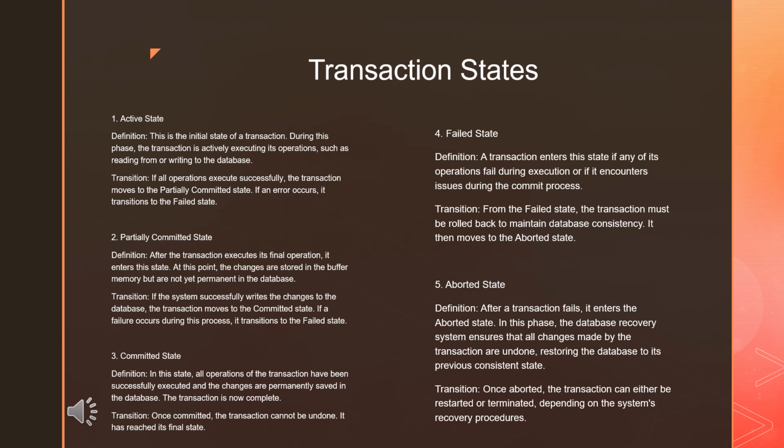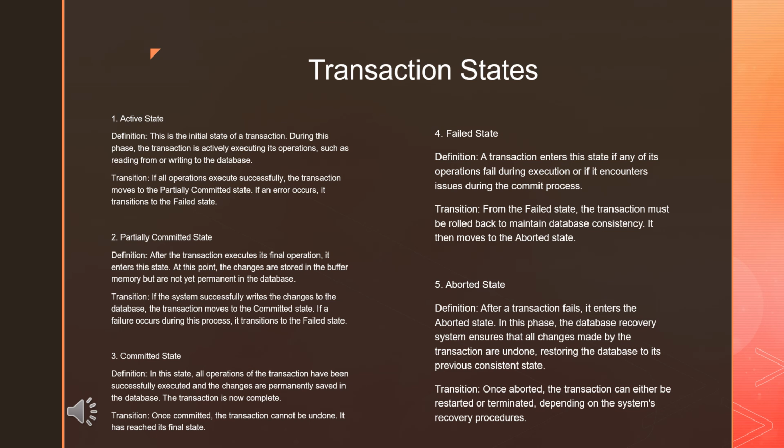Fifth, aborted state. Definition: after a transaction fails, it enters the aborted state. In this phase, the database's recovery system ensures that all changes made by the transaction are undone, restoring the database to its previous consistent state.